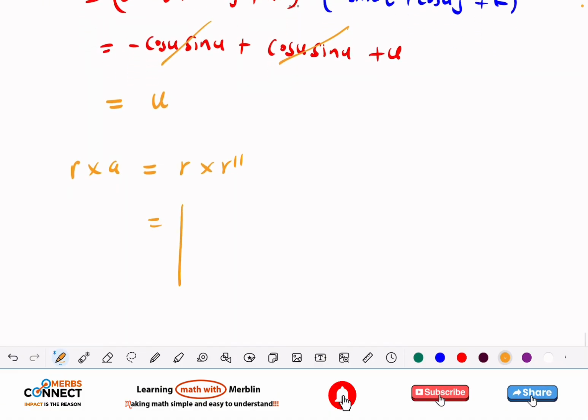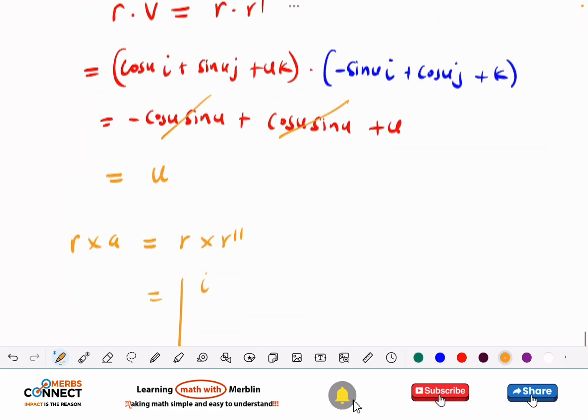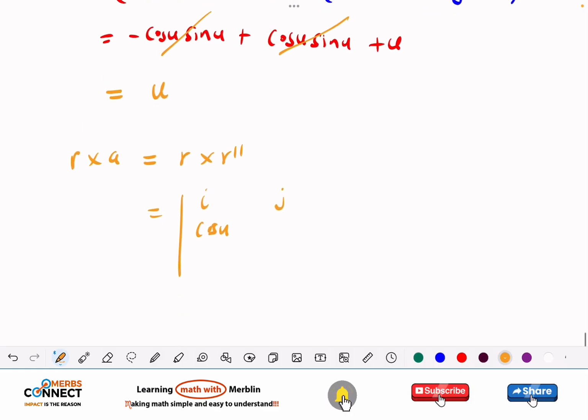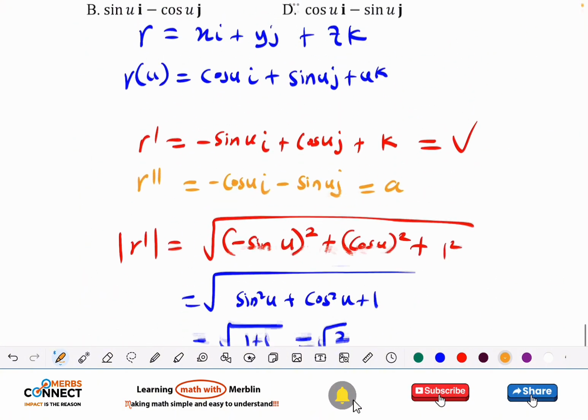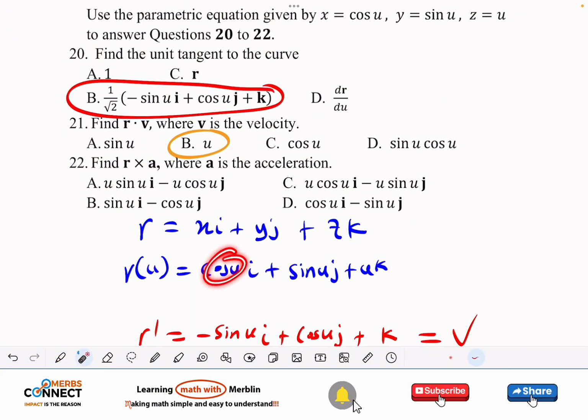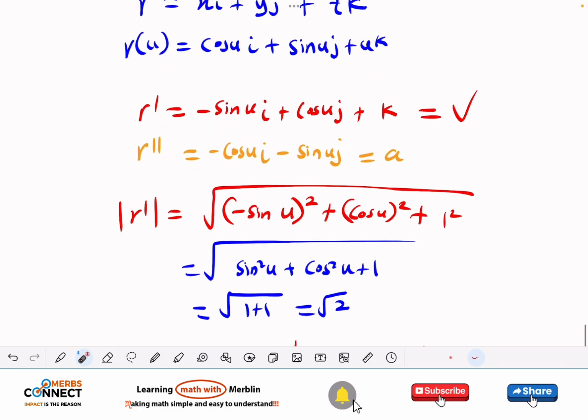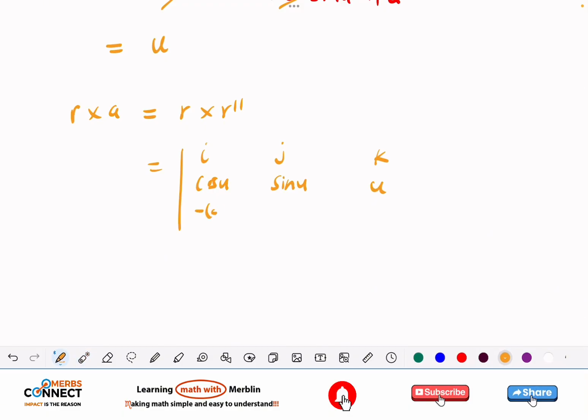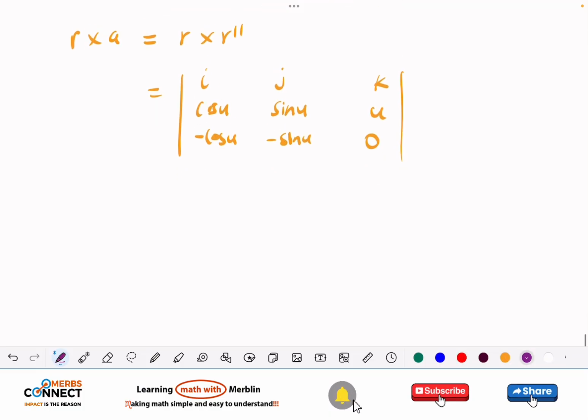This is the same as i. So r component, first component is cos u. j component for r is sin u. And the k component is u for the r. So r is cos, sine, u. This is minus cos, minus sine. There is no k component, so this will be 0. So now this is going to give us i.